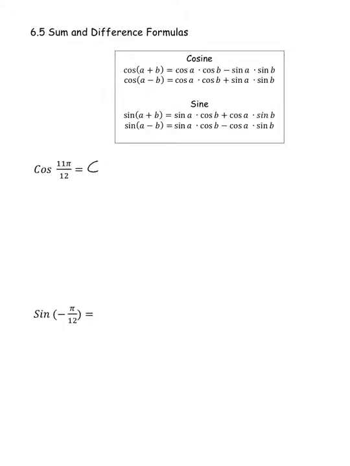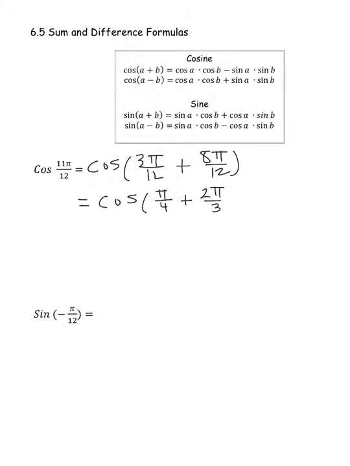But if I rewrite that as cosine of 3 pi over 12 plus 8 pi over 12, that does add up to 11 pi over 12, and then I can simplify both of those fractions. 3 pi over 12 simplifies to pi over 4, and 8 pi over 12 simplifies to 2 pi over 3.